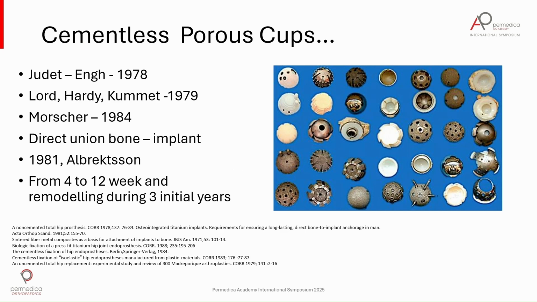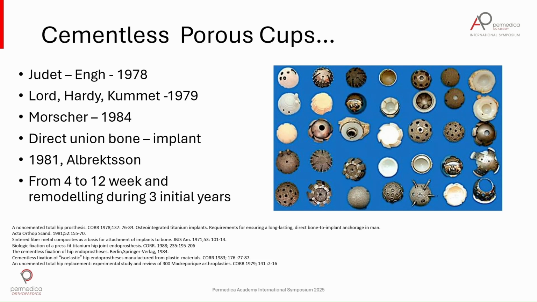When we talk about cementless porous cups, we find out that there is a huge number of them. These are the primary cups that were developed, as many surgeons have developed their own. This is the first generation. As you see, most of them are no longer in use.